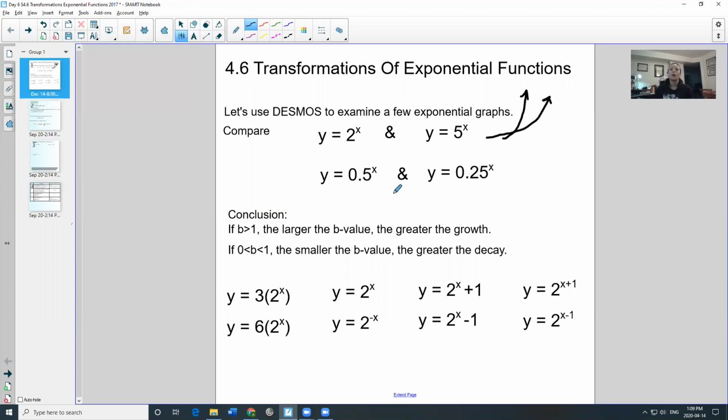Whereas 0.25 to the x would decrease much quicker, versus something that decreased maybe like that, so 0.5 to the x. So the farther away the number is from 1, the greater the increase or decrease that you would have.